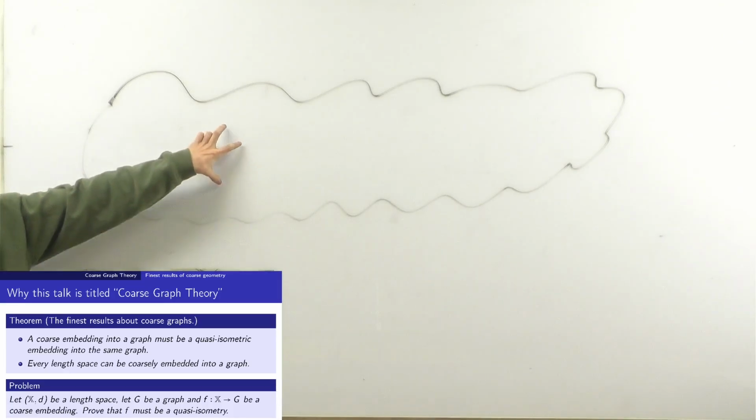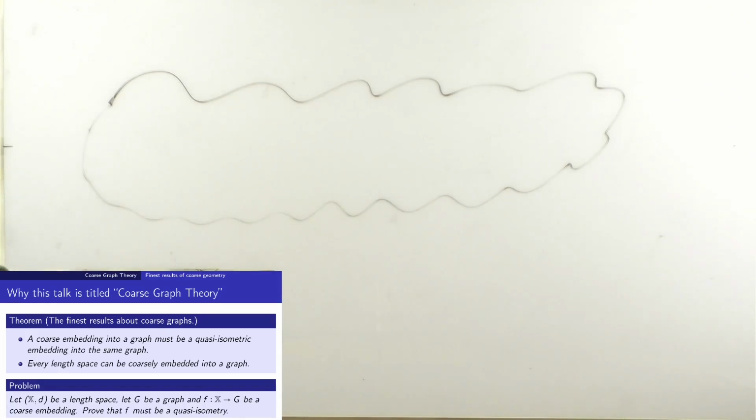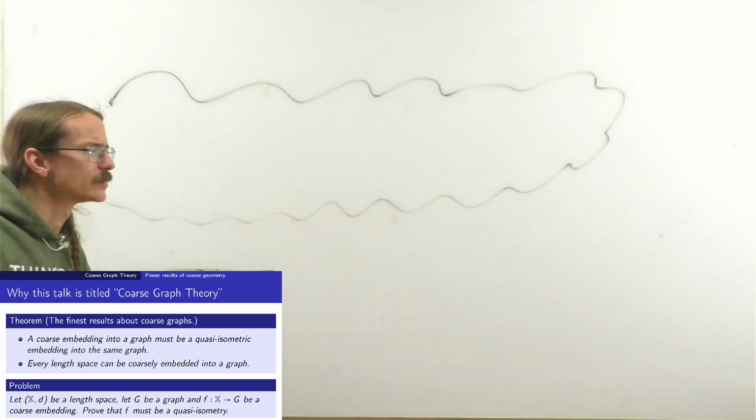I want to create a graph that looks like this length space. Any suggestions on how to start? Make it squiggly. I do like the idea, but it's not quite what we're having in mind.